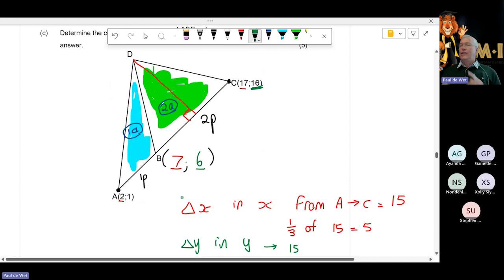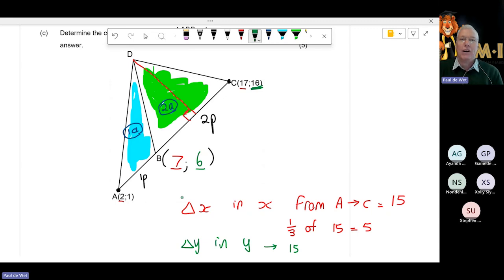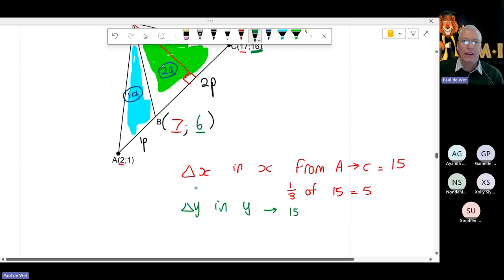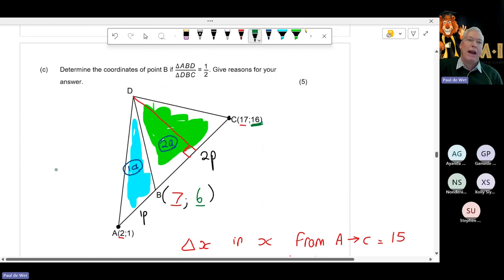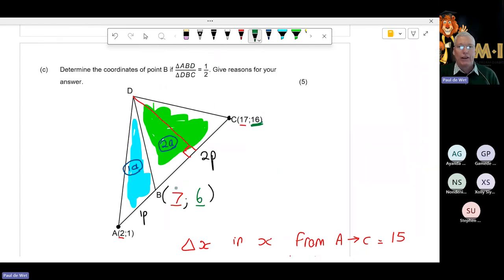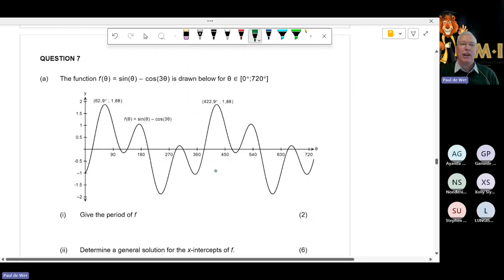Do you see? Now guys, you do not get a formula for 1/3 of the way along a line, but you can work it out. It's a cool question because it mixes in some very different bits of maths. It mixes in Euclidean geometry and areas of triangles with shared heights. It also mixes in some analytical geometry.